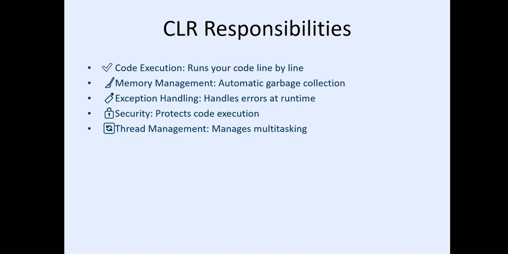The third point is exception handling. If an error happens, CLR manages it. Even unknown errors it will detect and handle depending on the code. Then security: CLR enforces code access security, so only safe code runs.